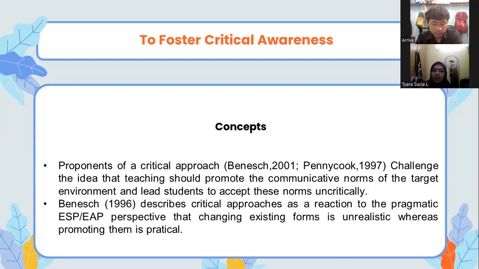So actually ESP is most often seen as a pragmatic attempt that helps students become familiar with established communicative practice. So in this case, Benesch described critical approaches as a reaction to the pragmatic ESP or EAP perspective that changing existing form is unrealistic, whereas promoting them is practical.